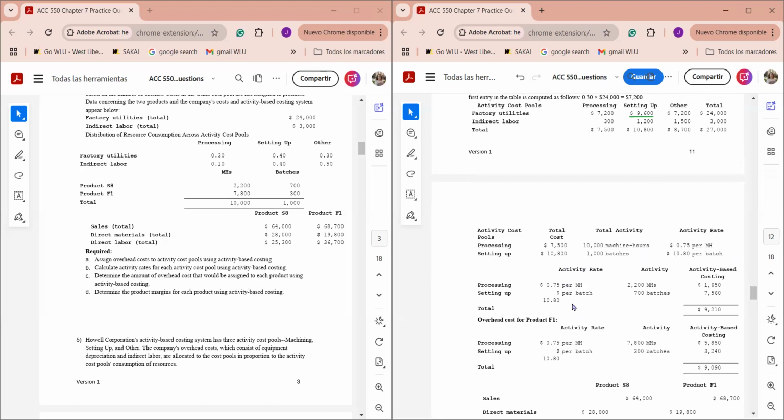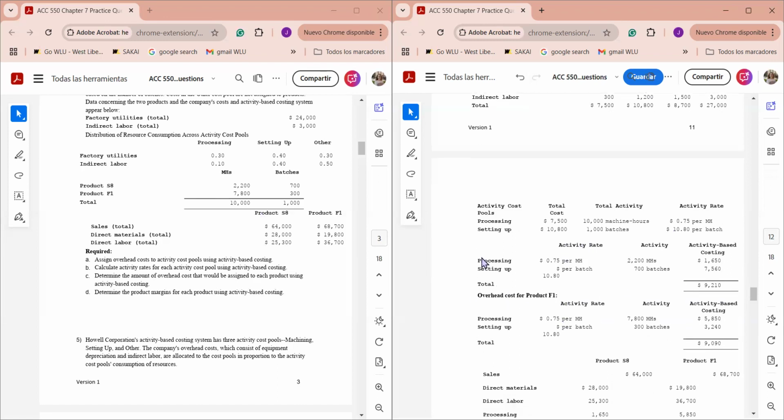Then after that, we're going to take our machine hours. First, we need to do a table for our machine hours and then a table for our batches. Like here, this table is for machine hours, and then this table is for our batches. So first for our machine hours, we take these two and put them here.